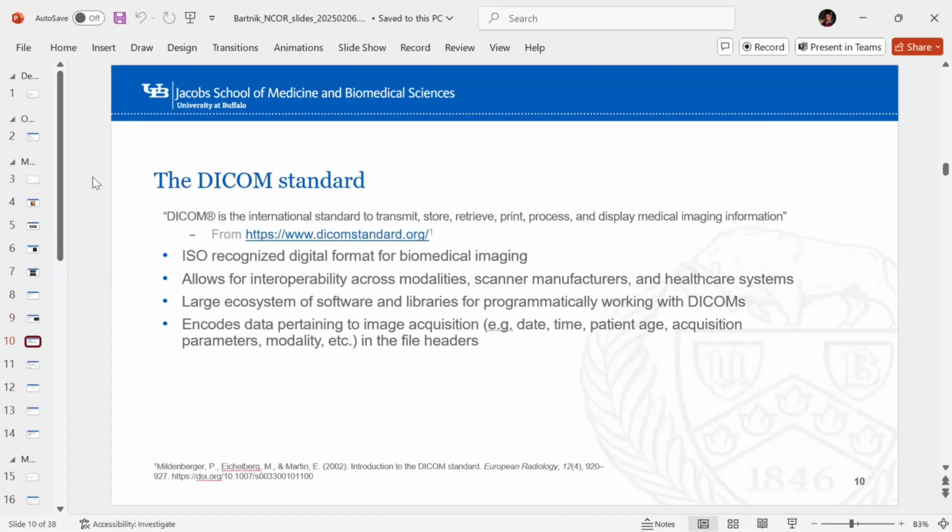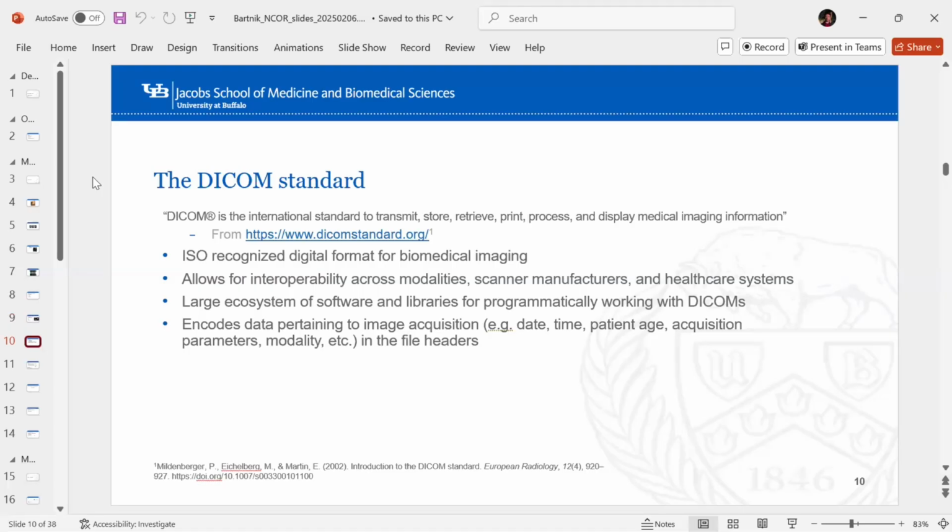One of the most important things to keep in mind with any biomedical imaging data is that it almost always conforms to the DICOM standard. So it's the ISO-recognized digital format for biomedical imaging. What DICOM really does is it sets out the way that you acquire your imaging data and the way that it is reported in the file headers.